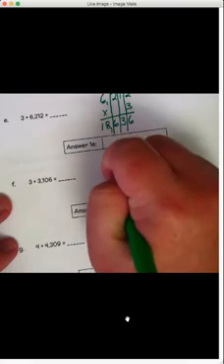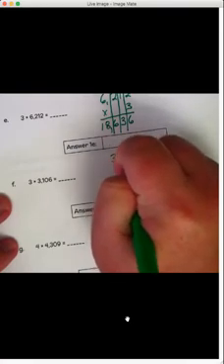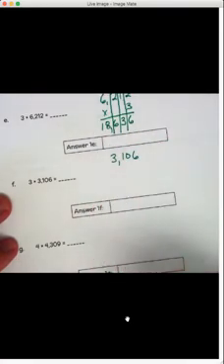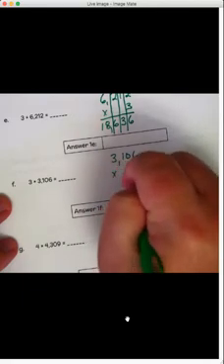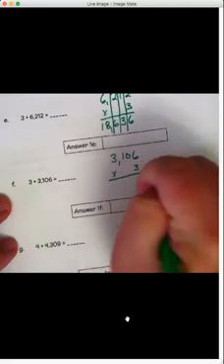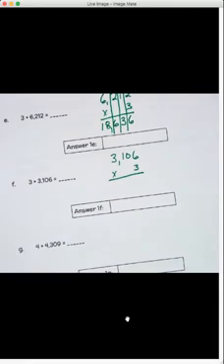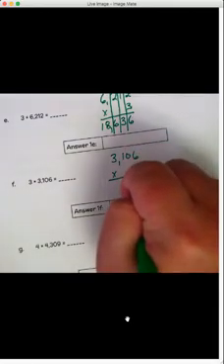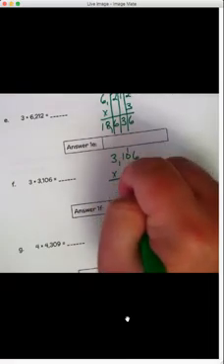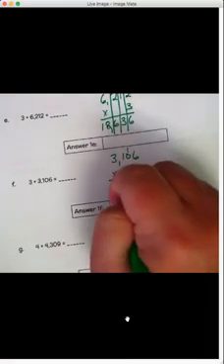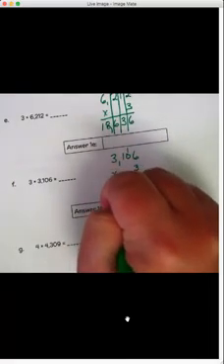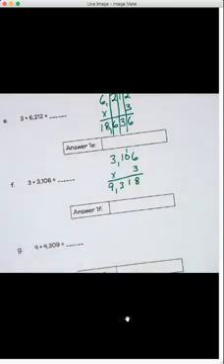Okay, let's do this next one. I want you to give it a shot while I'm working it, and then we'll compare answers. 3,106 times 3. Go ahead and try it, and then we'll compare answers. You can look at mine when you get it finished.